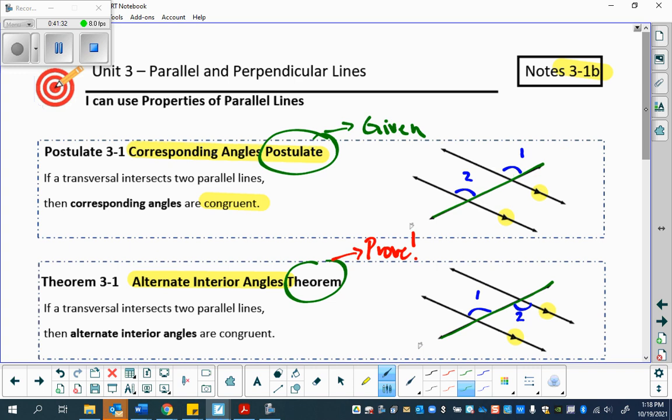Ready? Let's go again. Red is congruent to black. Red is congruent to, what do you know about these two? What angle relationship do you see? Think about it. Alternate interior angles are going to be congruent.